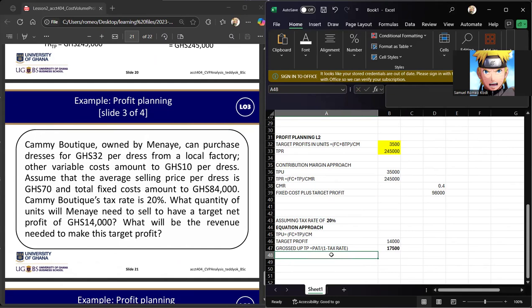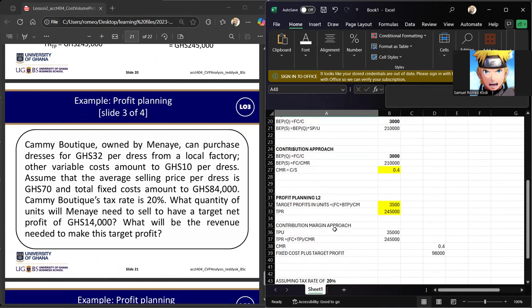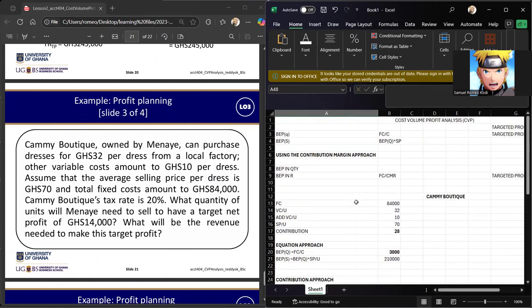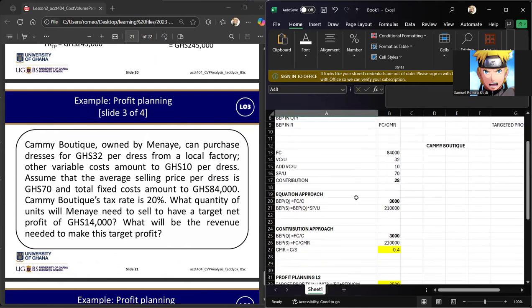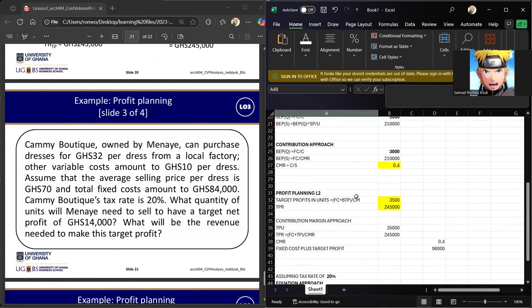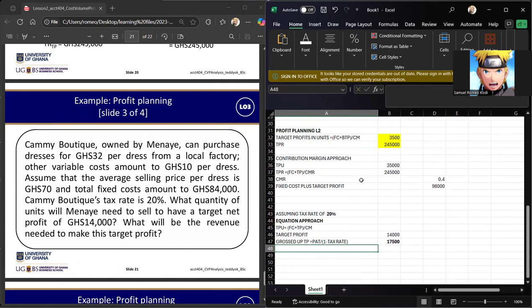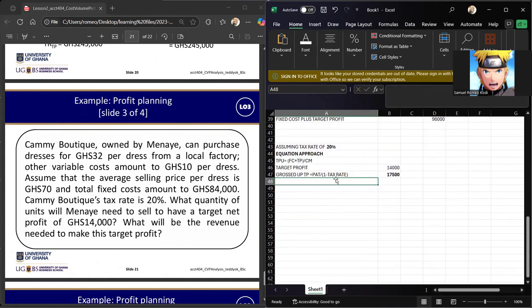So if we see, there's a difference between this 17,500 and the 14,000, which is 3,500, that's the component of the tax portion. Let's have the tax portion. So we added somewhere here 3,500. Okay, it could be the same in this one also.